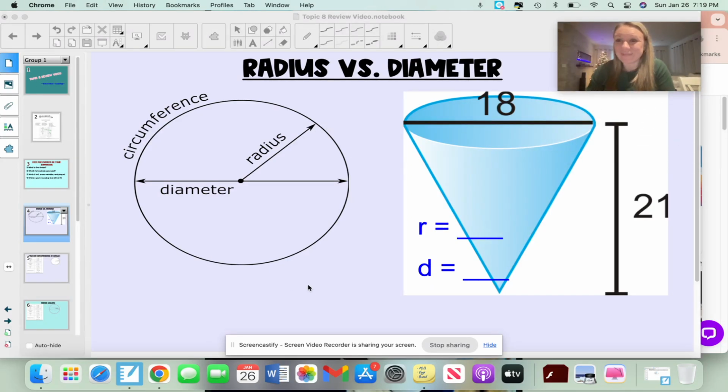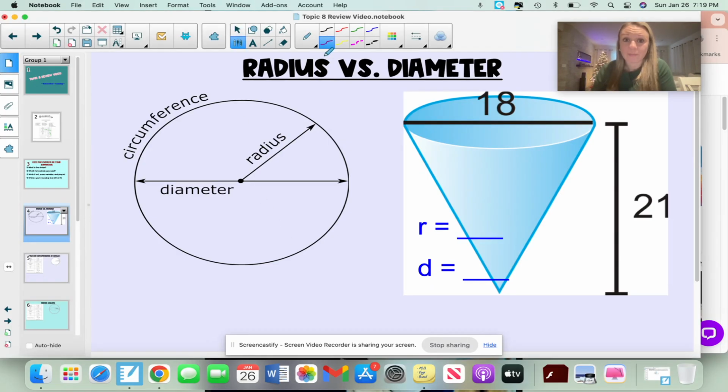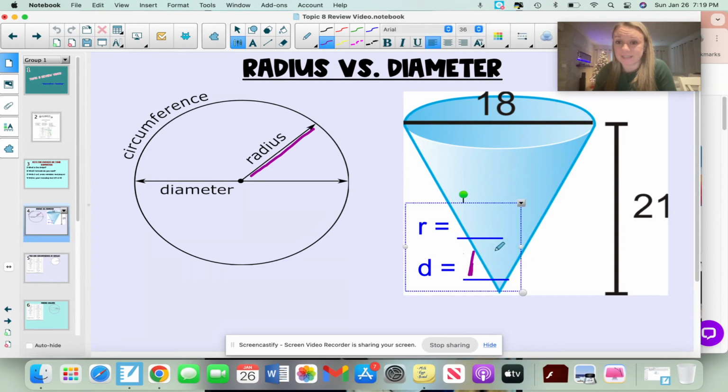The first thing that you need to make sure you know is the difference between radius and diameter. Remember that in a circle, your radius is halfway across your circle and your diameter is all the way across your circle. So if I was looking at this image of a cone, when it has this 18 going all the way across, I know that my diameter is 18.